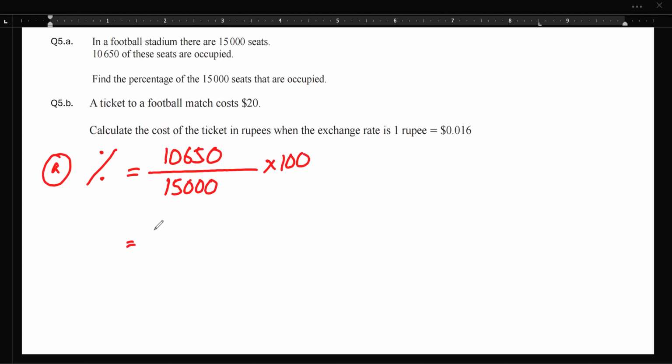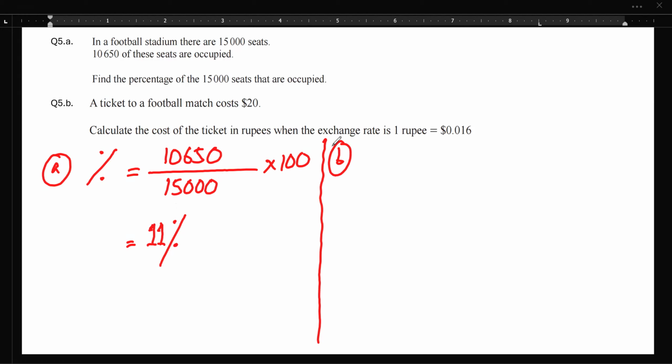It's going to be 71%. So there are 71% of seats occupied in this stadium. So the number of occupied seats divided by total seats times 100 will give you the percentage of the seats that are occupied in the stadium.